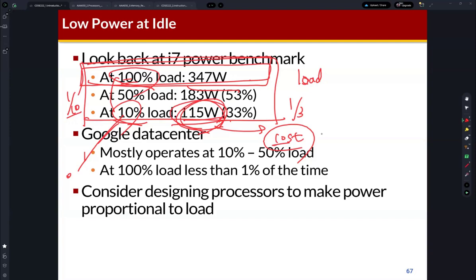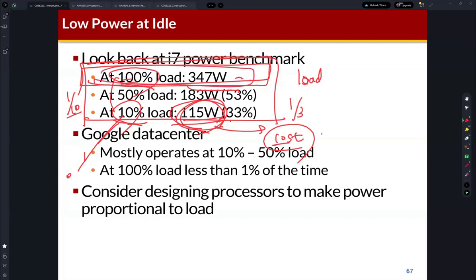So in order to achieve the highest efficiency, we need to keep the workload level at 100% of the full workload, the capability of a computer system, right?